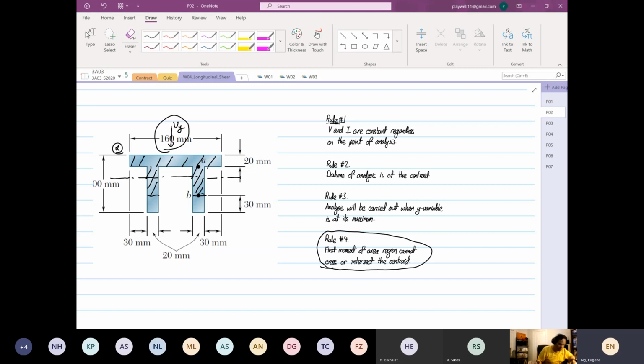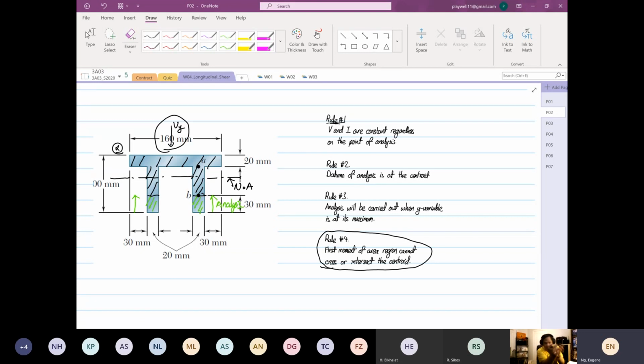But no, the problem is when that's the case, the first moment of area crosses the neutral axis. So for this case, our analysis has to go from this direction, where I'm writing. Why that direction? If we do it this direction, the first moment of area will not intersect the centroid.